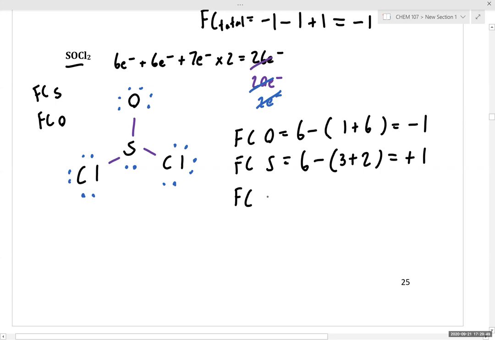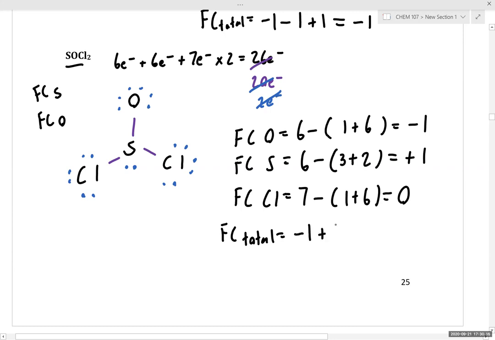Finally, just for completeness sake, we can calculate the formal charge of chlorine, which is equal to our group number of 7 minus 1 bond and 6 lone pair electrons, giving us a formal charge for chlorine of 0. As we see, the formal charge of all of our atoms adds up to the total charge of our molecule.